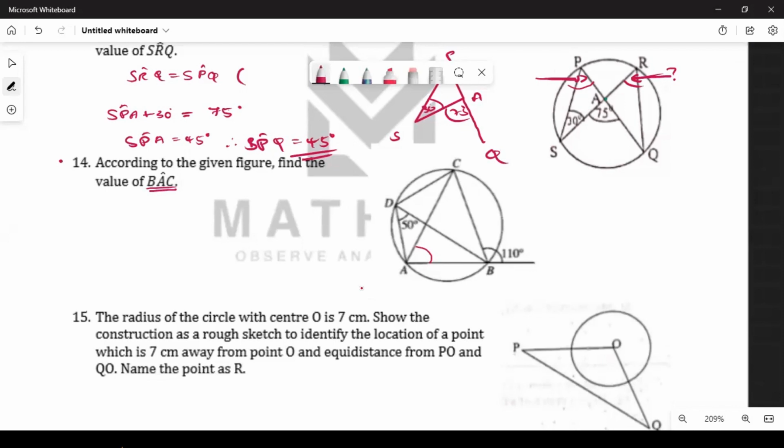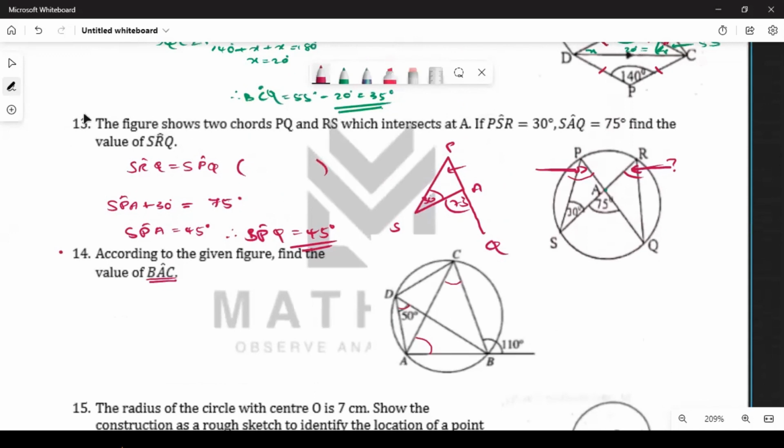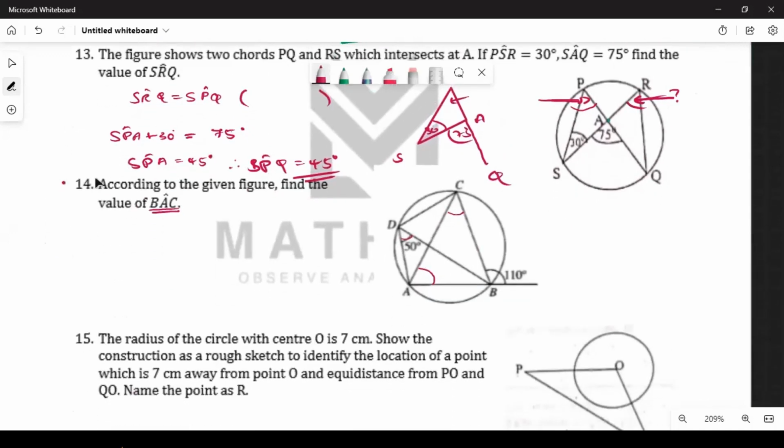Actually, this DC straight line segment is not needed to solve this question. If you remove this DC straight line segment and see, this angle and this angle both are subtended on the same sector. The same theorem used in question number 13, I'm going to use in question number 14.